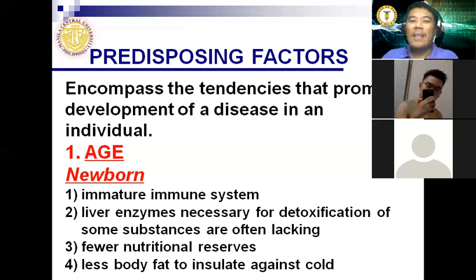Next, why are newborns usually monitored or kept warm? They depend on the regulation of the ventilation when it comes to temperature.